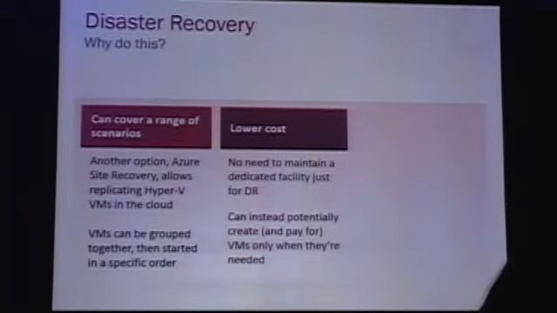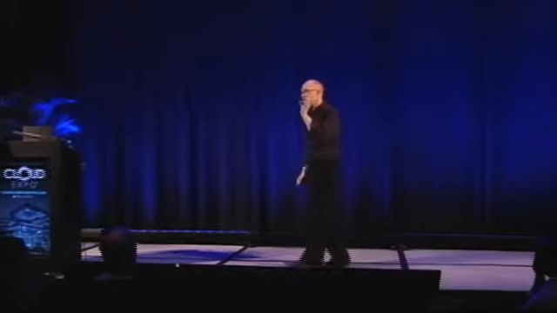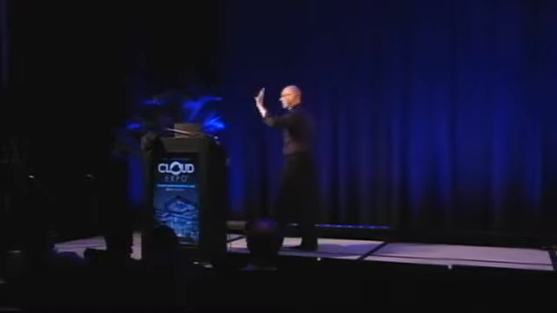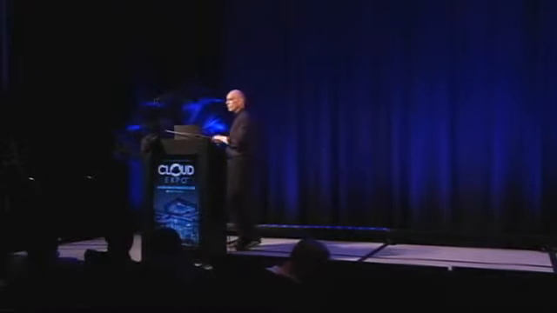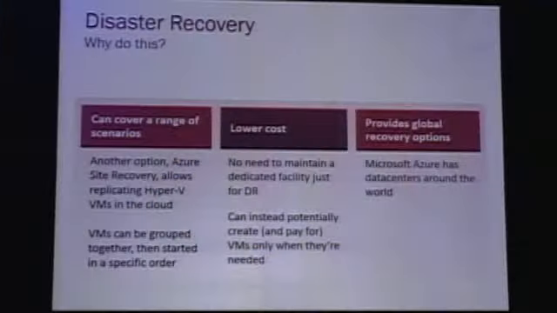Disaster recovery is such an obvious scenario for IaaS. It makes so much sense. I'd be stunned if 5 years from now, people are still doing DR with standalone data centers. IaaS is just such an obviously better scenario for this, at least financially. There are cases where it's not going to work, but in general, it's a much better approach if it does work. And if you want global recovery, there are data centers around the world.